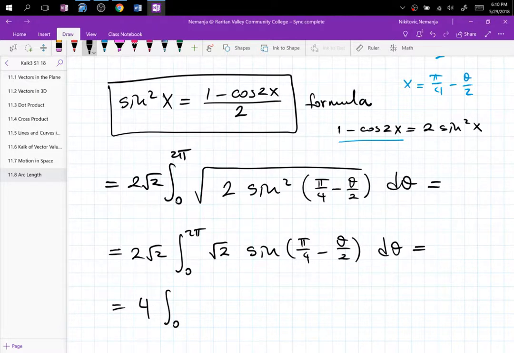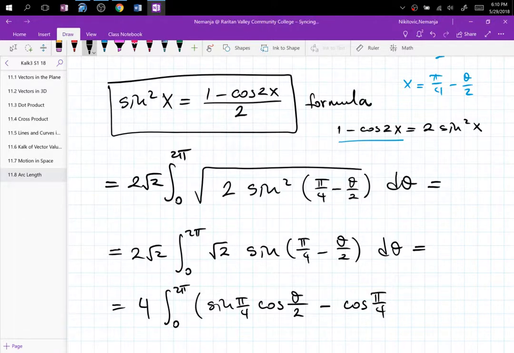And all we need to do now is integrate this sine. We are going to break this up using the sum formula: sine pi over 4 cosine of theta over 2, minus cosine pi over 4 sine theta over 2, d theta.